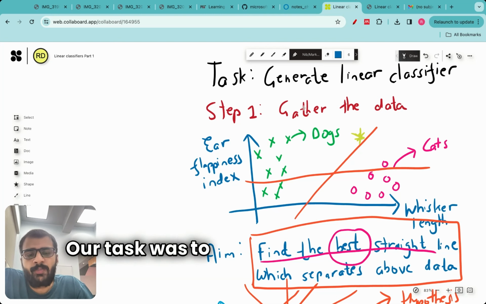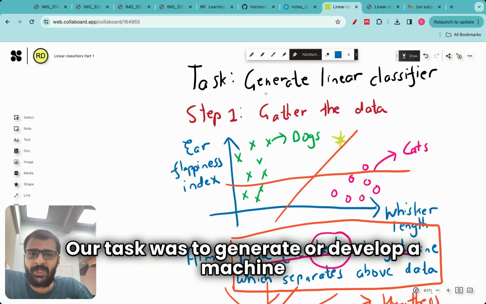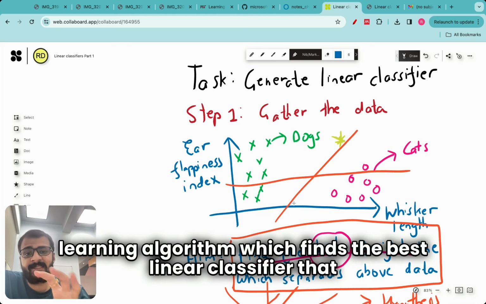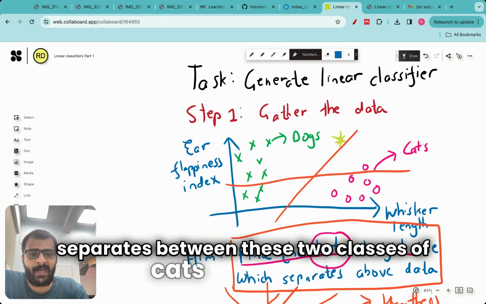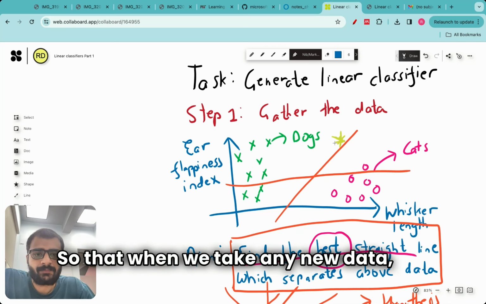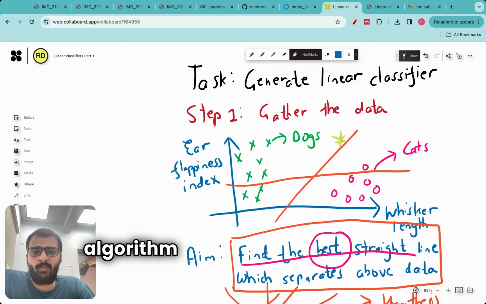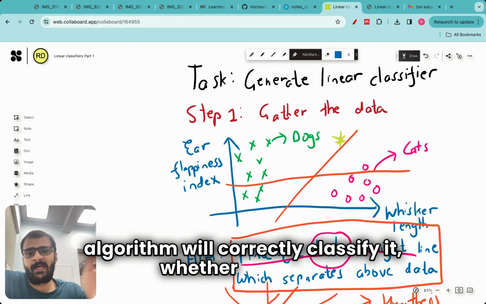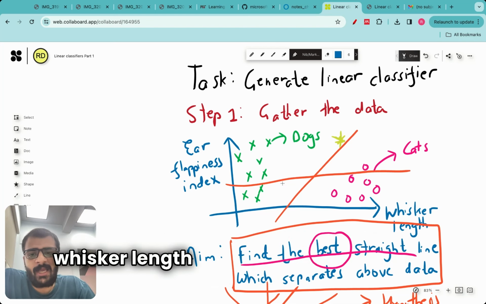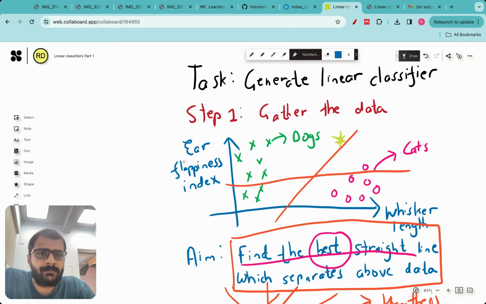Our task was to develop a machine learning algorithm which finds the best linear classifier that separates these two classes, so that when we take any new data, our algorithm will correctly classify whether it's a dog or a cat based on two parameters: whisker length and ear flappiness index.